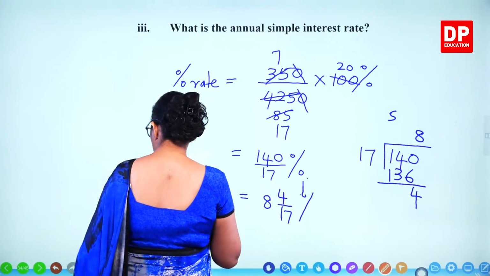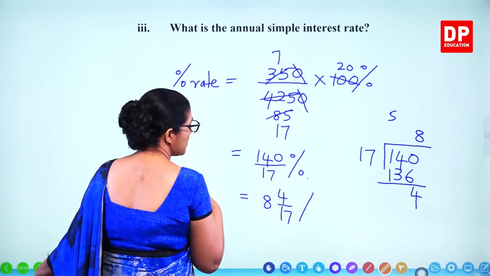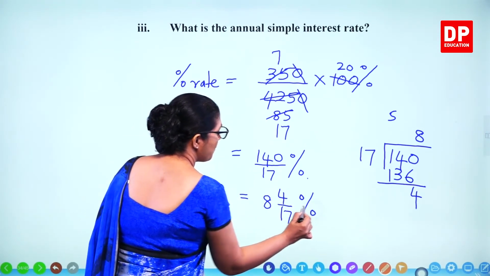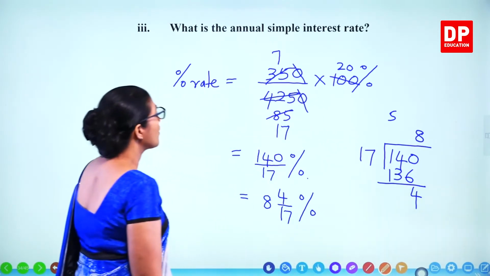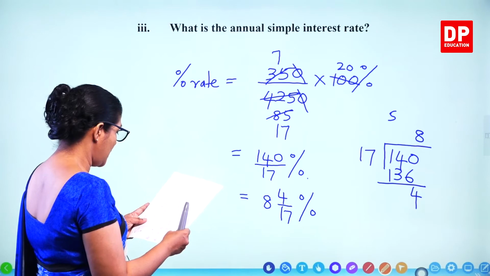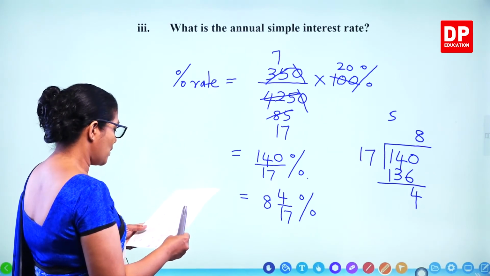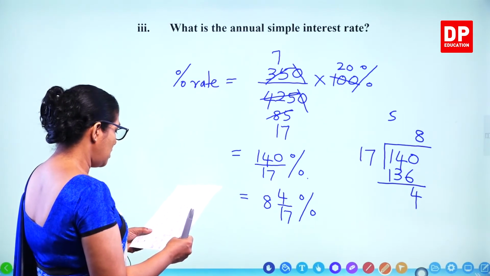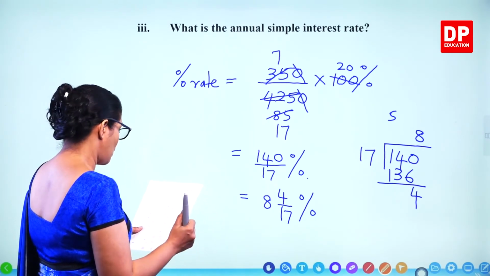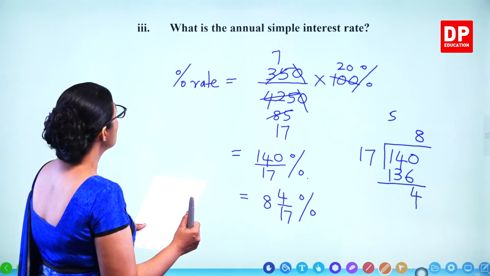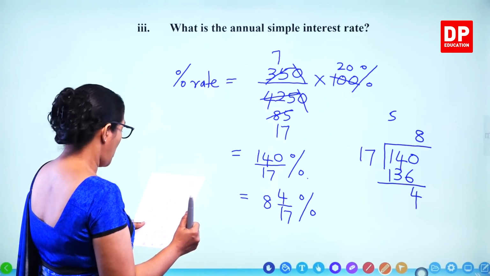So roughly you can write like this. You don't need the decimal answer. So what's the answer here? We got 8 and 4 over 17. You get 2 marks for that.